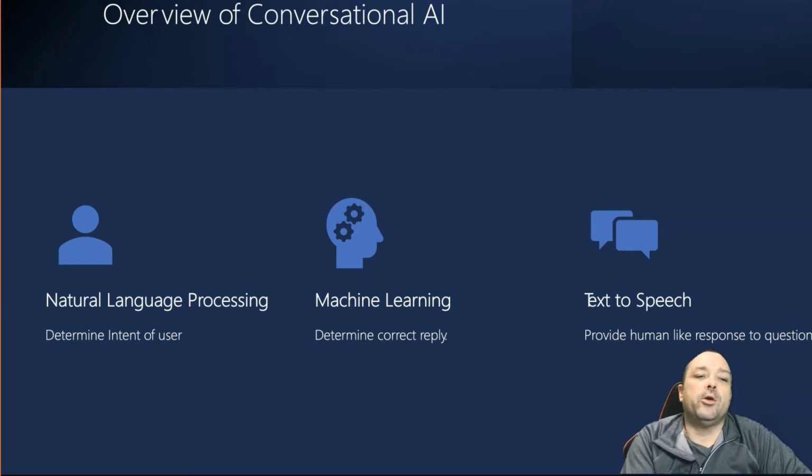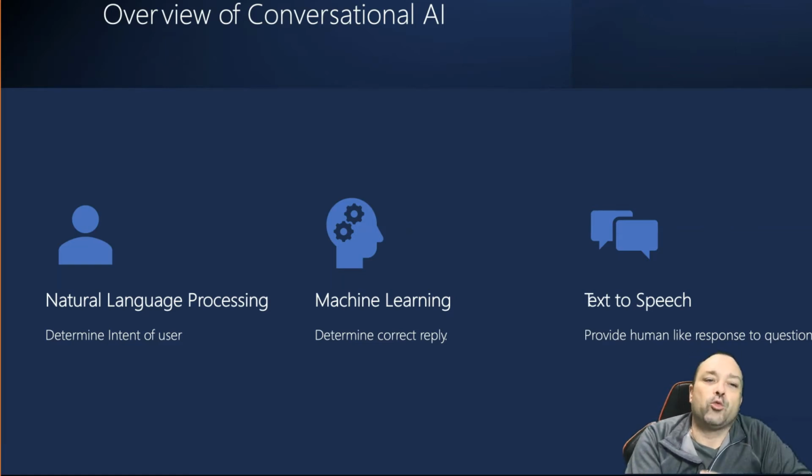And then once we know the intent of the user, we want to run probably some machine learning to figure out what is the correct response, right? If the user is asking what time is class today, well, you have to know who the user is. You have to know their schedule. And then even from just doing the machine learning piece to figure out how do I pull all these pieces together, you have to finally do a text-to-speech translation.